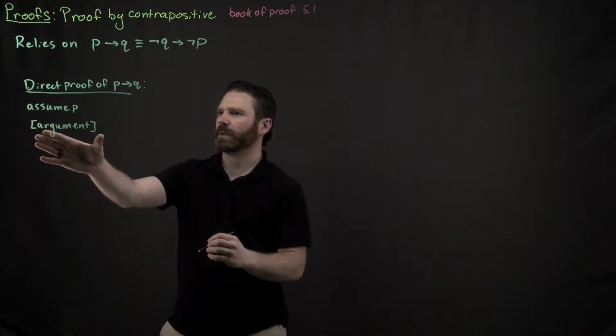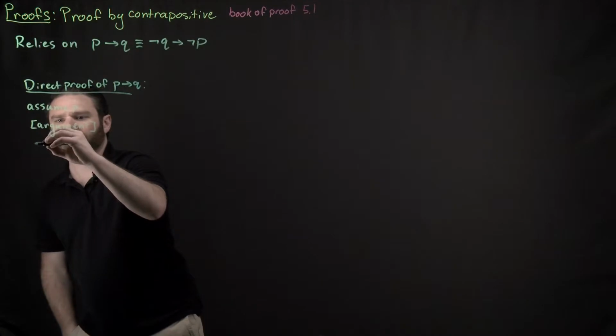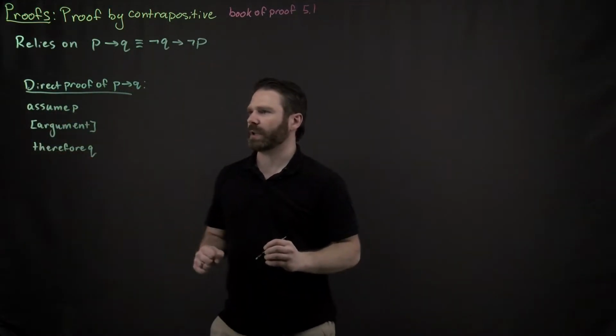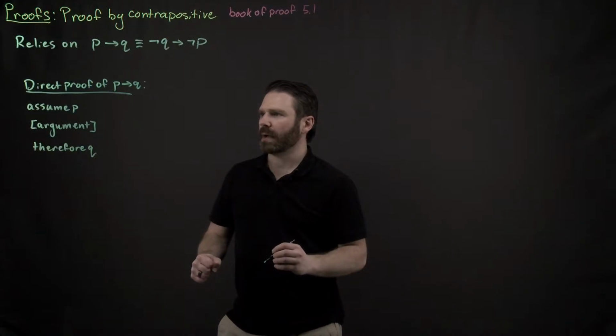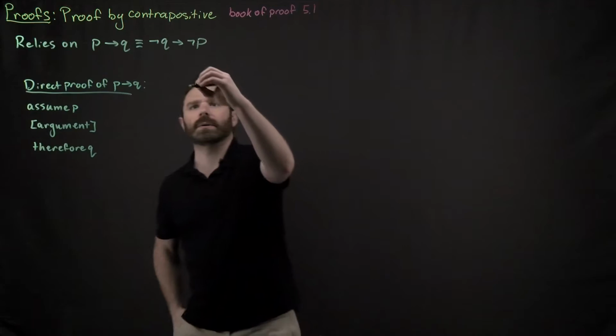We had an argument that then allowed us to conclude, therefore Q. So how does this differ from a proof by contrapositive?